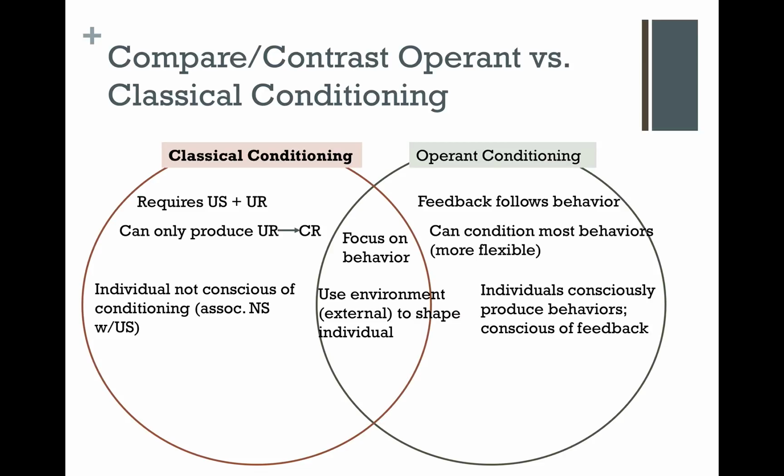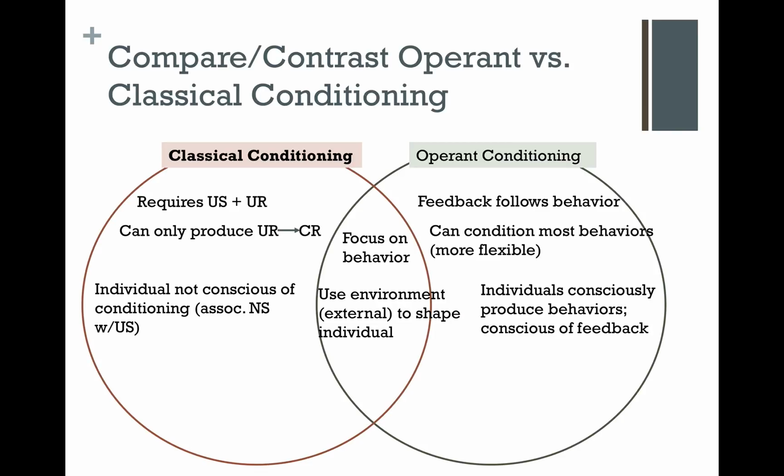Whereas operant conditioning is more conscious. When we provide feedback, we talked about pairing that reinforcement or punishment directly with students' behavior. In that sense, students are more conscious of the consequences of their behavior, whereas because the unconditioned stimulus and the unconditioned response are automatic, students are less conscious under classical conditioning.